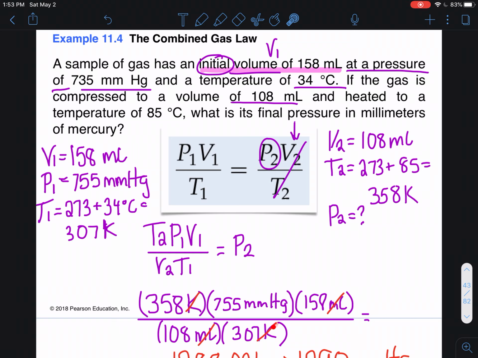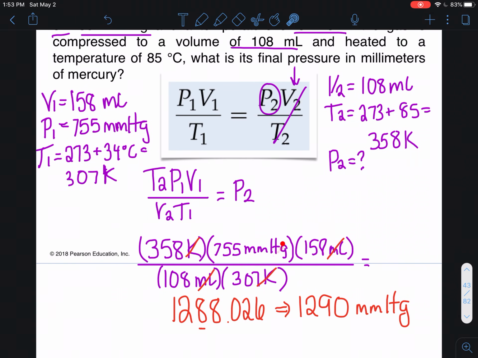So we have Kelvin and Kelvin, milliliter and milliliter, and the way that I have the units arranged, the answer is going to give us millimeter mercury, which is what we want. But I also want you guys to think about what the answer should be, considering all the relationships of gases, or conditions of gases, that we've learned.